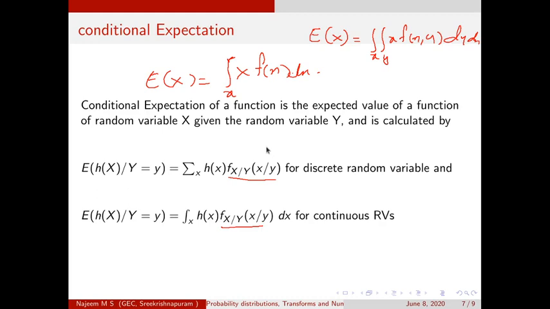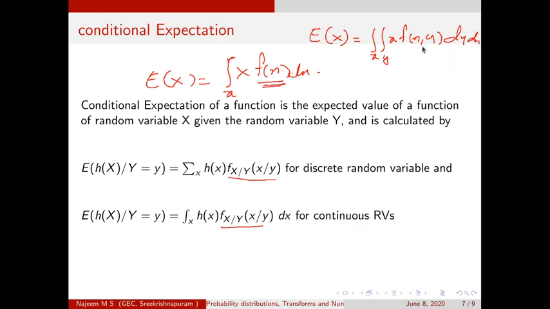How does it differ? First of all, you should note that these three may take different values. If x and y are independent, then these will be equal. Otherwise, these quantities may be different. Why does it differ? Because here we are considering only f of x, only the marginal, a function of x only.